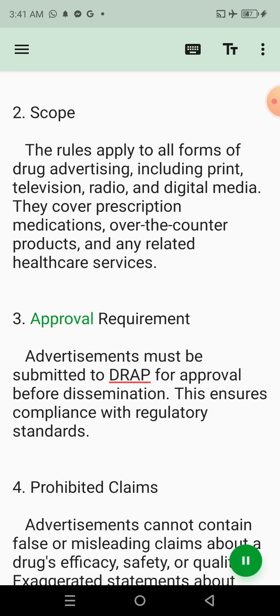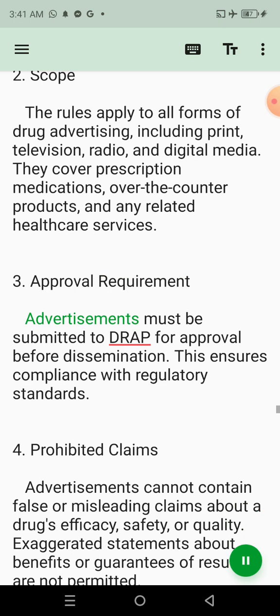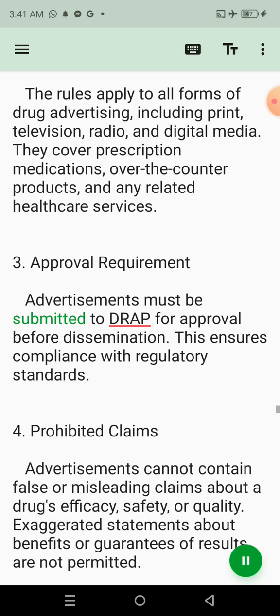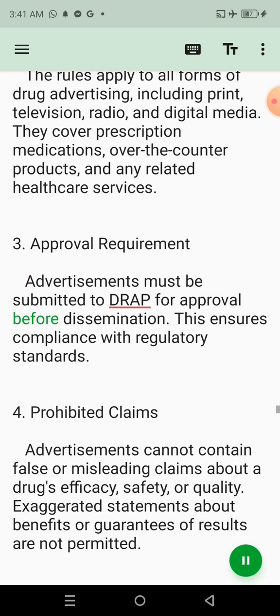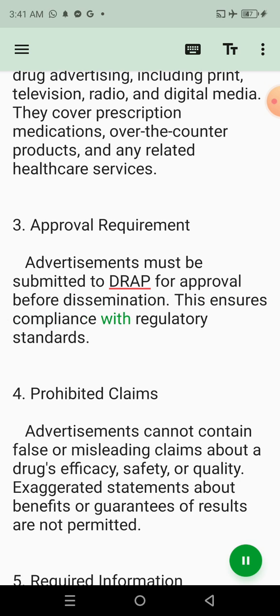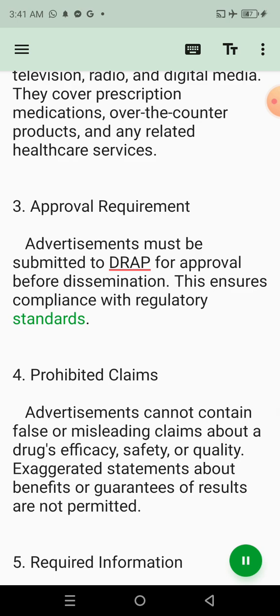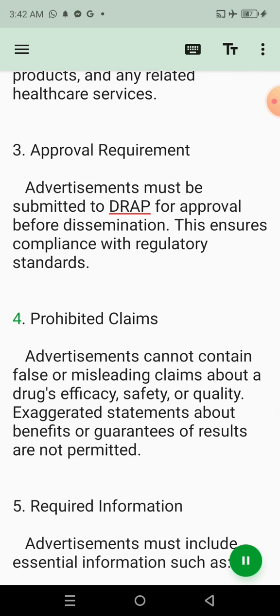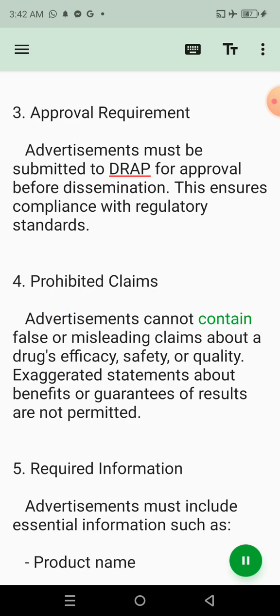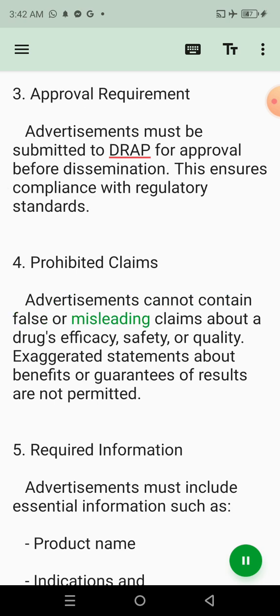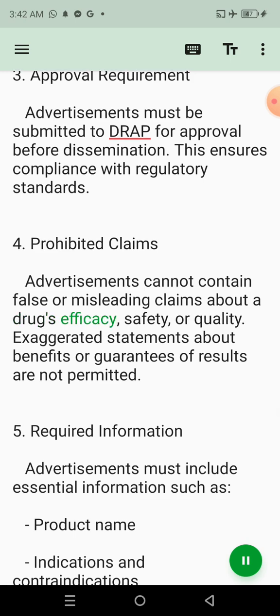3. Approval requirement. Advertisements must be submitted to DRAP for approval before dissemination. This ensures compliance with regulatory standards. 4. Prohibited claims. Advertisements cannot contain false or misleading claims about a drug's efficacy, safety, or quality.